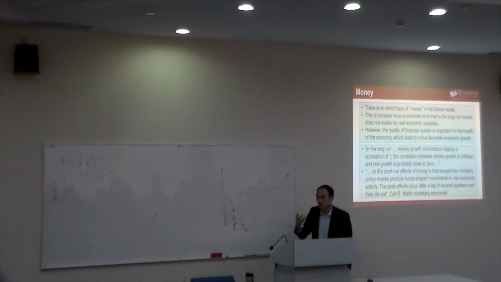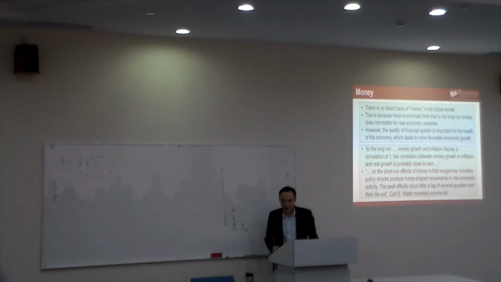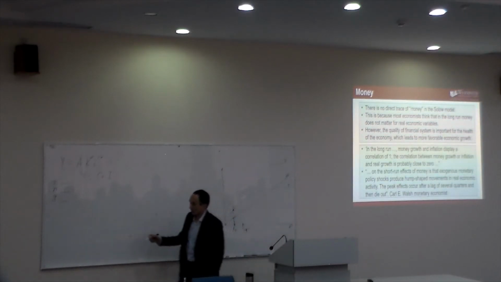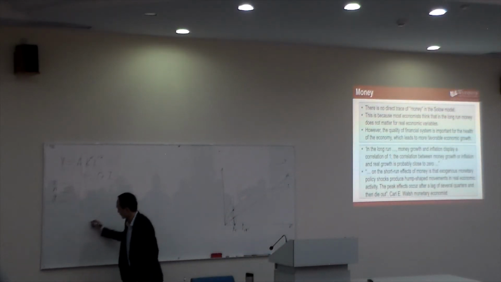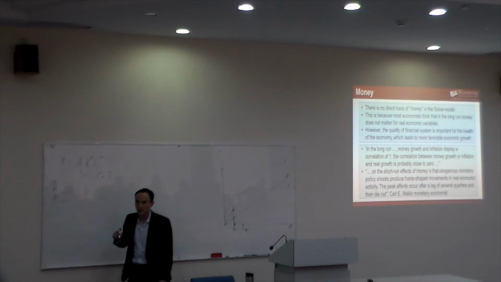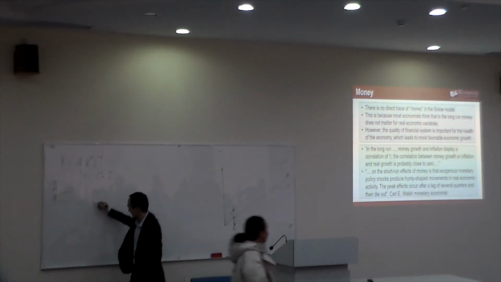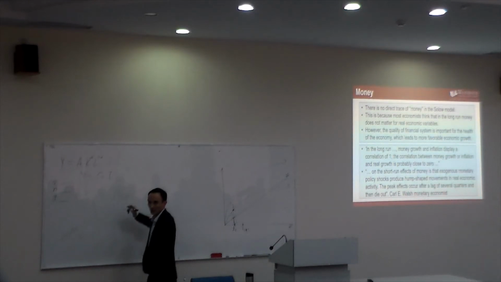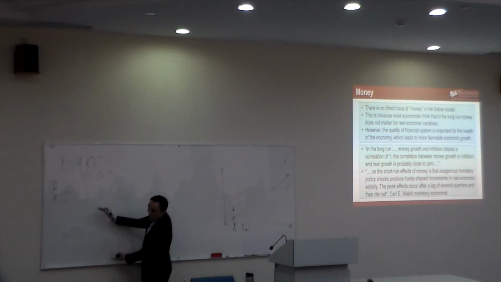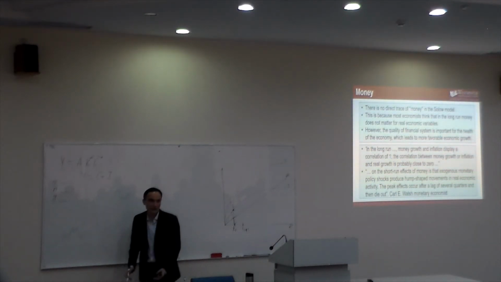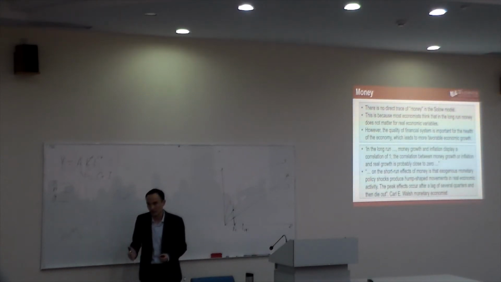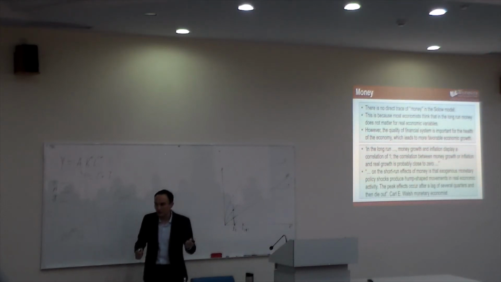But we know the importance of monetary policy in the economy. When do we need it? Let's say this is the natural growth of the economy, and we have a business cycle like this. When the economy experiences a recession, the government rushes to help us by implementing monetary and fiscal policy.